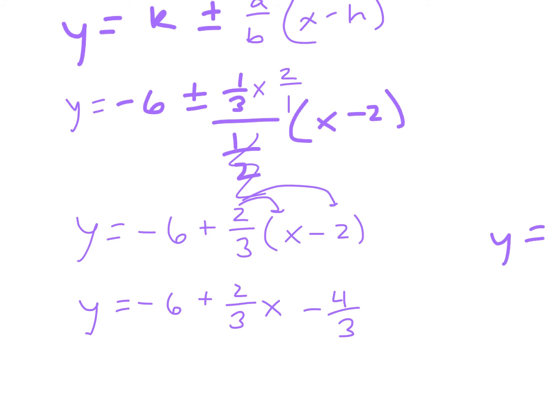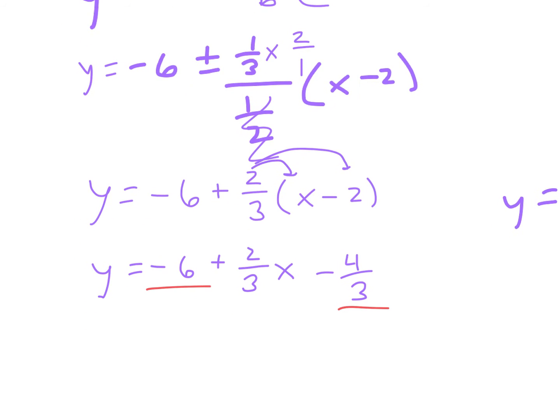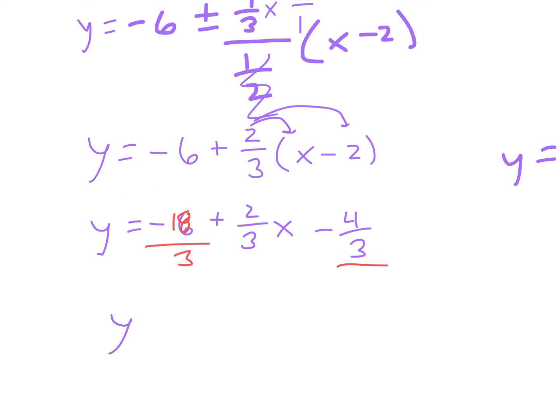I want to combine my -6 and 4/3, so I'm going to make -6, multiplying the top and the bottom by 3, -18 over 3. So that would become y is equal to positive 2 over 3x minus 22 over 3.